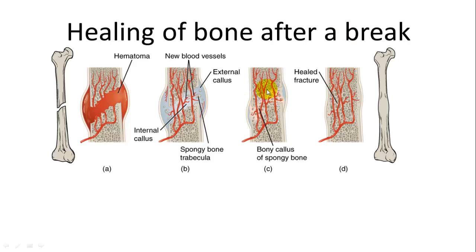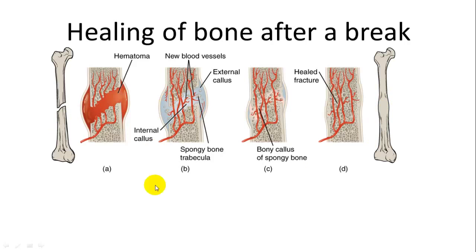You'll then create a bony callus of spongy bone, which then will start to develop the necessary compact bone, or whatever material was originally there. And you're going to have then an area which is slightly different. It's not going to return to its perfect shape. You may have an over-calcified area, which may diminish over time, but generally, if you have a break, you're always going to have some sort of extra bone in that area.